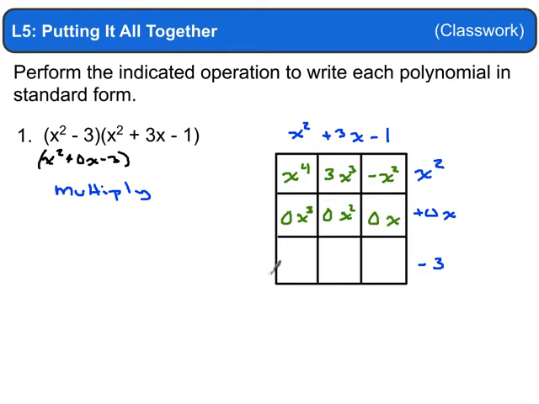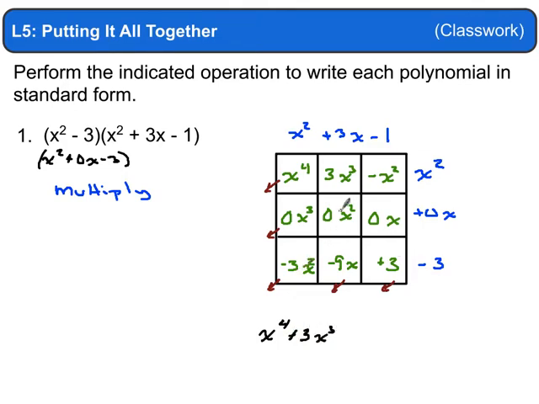Go to the last row. You'll have negative 3x squared. You'll have negative 9x, and this one will be positive 3. So remember, that's not our answer. We have to combine like terms. After we combine like terms, this first box will give us x to the 4th. 0x to the 3rd plus 3x to the 3rd would be 3x to the 3rd.